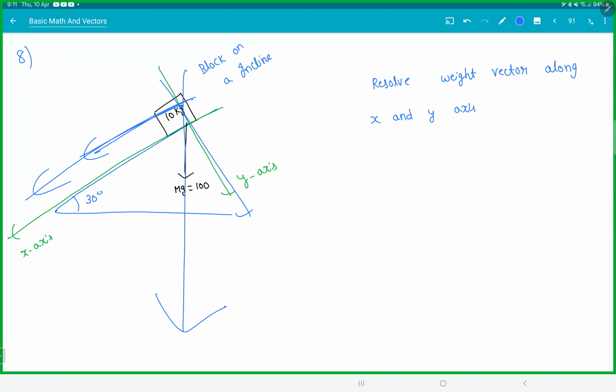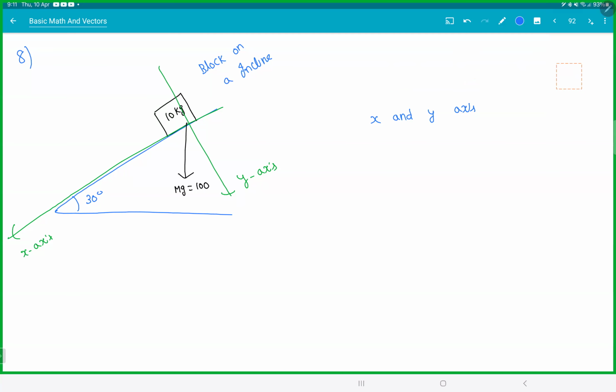How much is that? 50 I cap, 50 root 3. Like I said, it's just geometry. Let me help you with this, then I'll ask you something better.